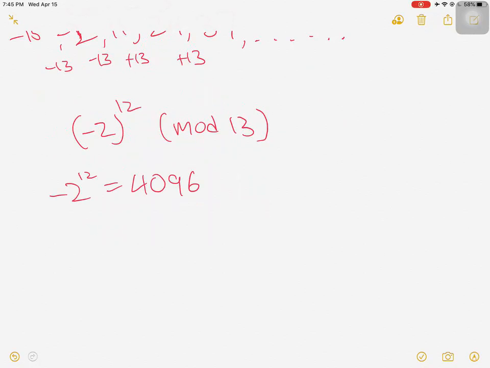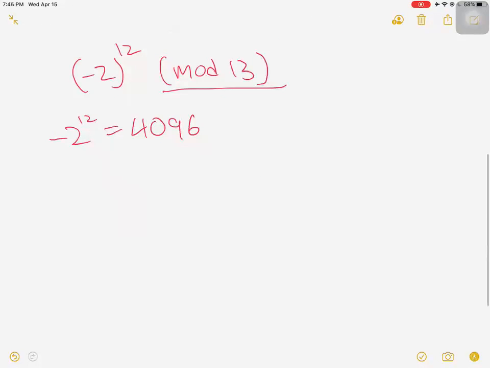Right? And then basically to find the answer mod 13, we can just do a quick long division, right? Oh, I haven't done this in a while. I might screw up.